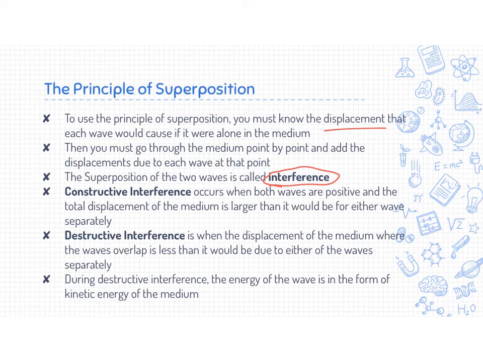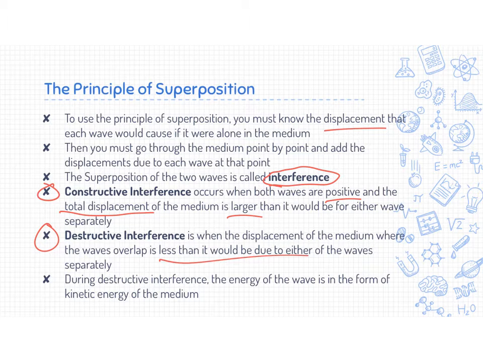We have to look at the medium and say what's happening when these waves interfere. There are two types of interference. Constructive interference occurs when both waves have positive amplitude, so the total displacement is larger. Destructive interference is when the displacement of the medium where the waves overlap is less.